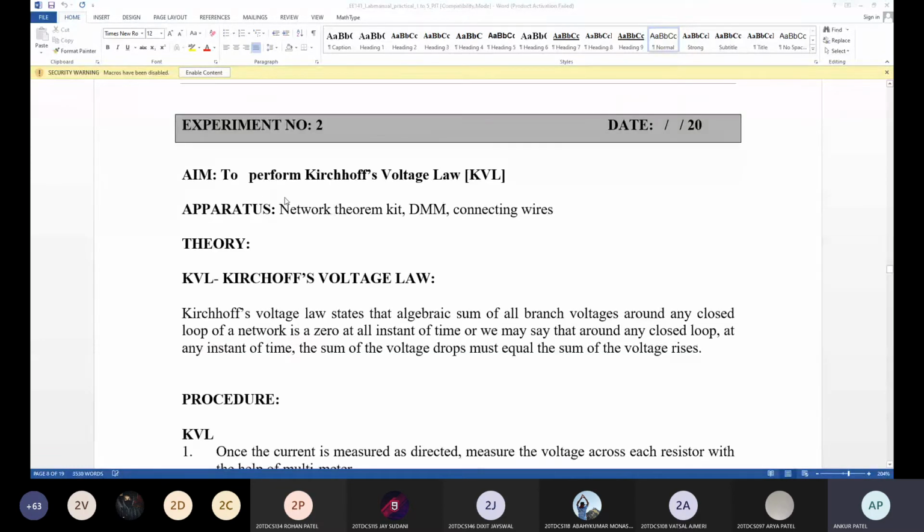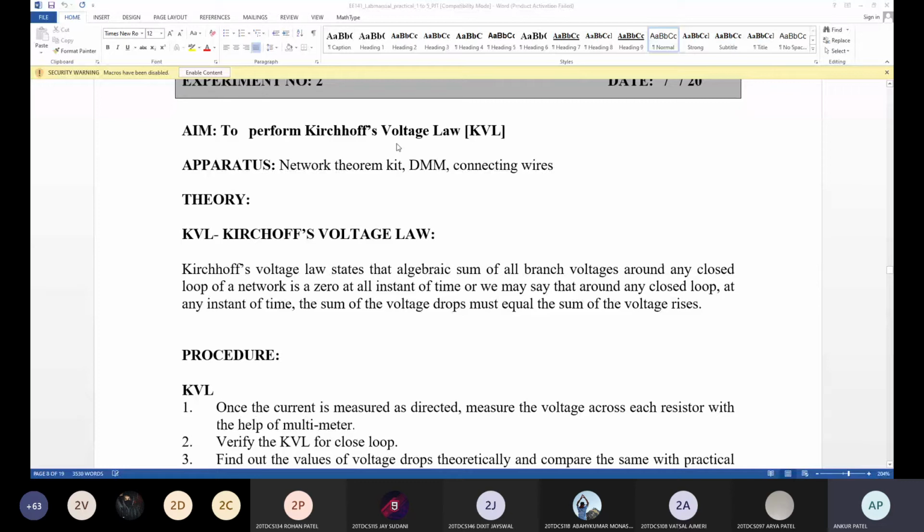Second is Kirchhoff's current and voltage law. Kirchhoff's voltage law means the algebraic sum of all branch voltages around any closed loop of a network is 0. I will share this practical video later.